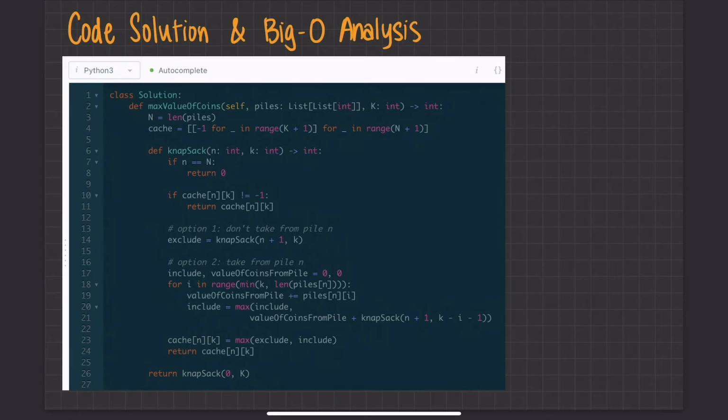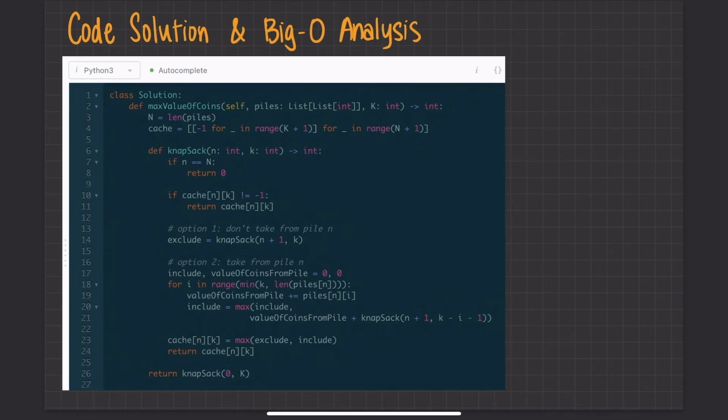If there are more coins than k, we don't need to calculate that because we are only limited to k coins for finding the maximum value in total. So by taking the minimum between the two, we guarantee that we don't need to consider the base case for when we have a k that is less than or equal to 0 for no coins left.